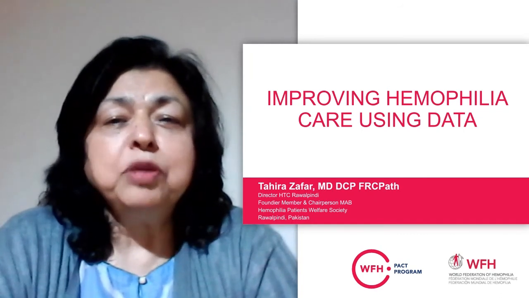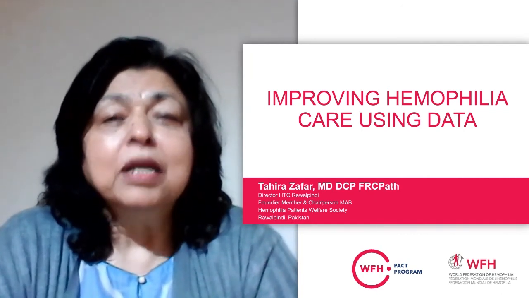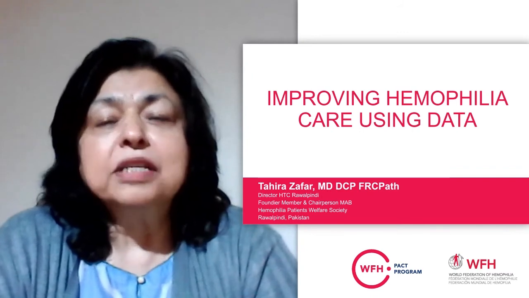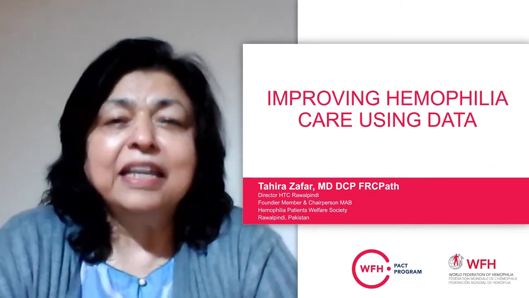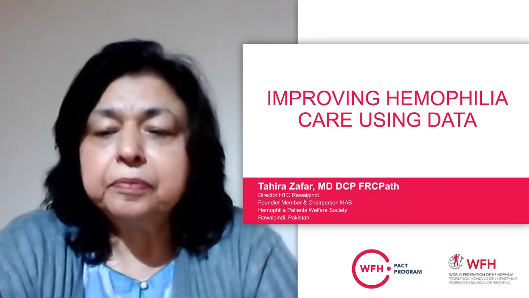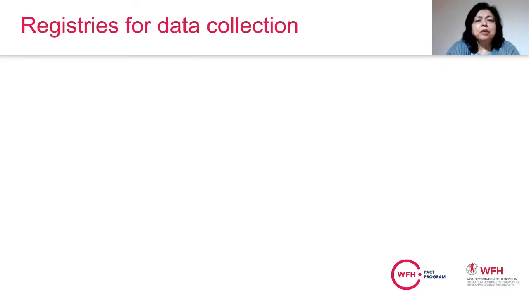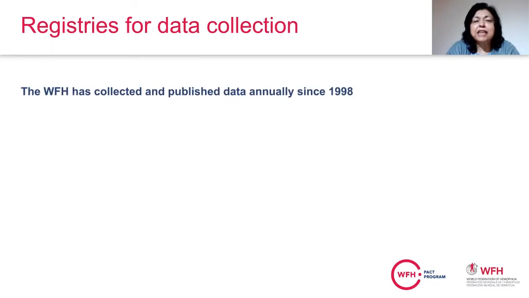It's a pleasure to be talking about something which is very important in hemophilia care, and that is data collection. Registries have been going on for a very long time in North America and Europe, and WFH has also been collecting and publishing data since 1998.